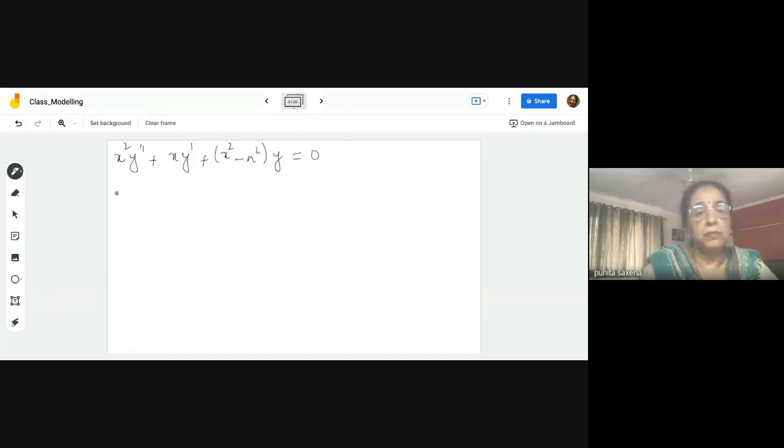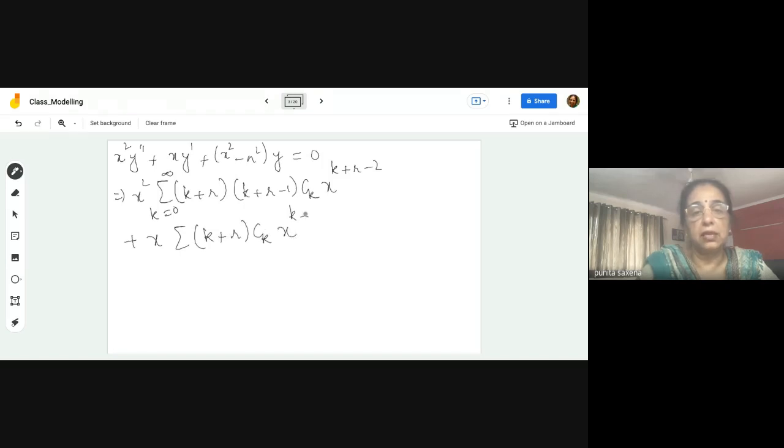Now when you substitute, it's going to be x² times the summation of (k + r)(k + r − 1) c_k x^(k+r−2), k from 0 to infinity, plus x times the summation of (k + r) c_k x^(k+r−1).